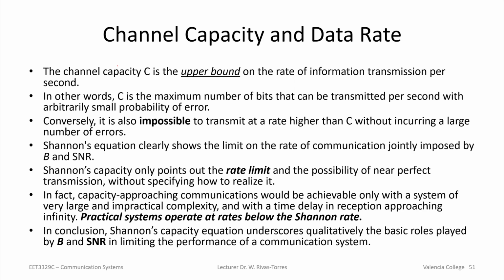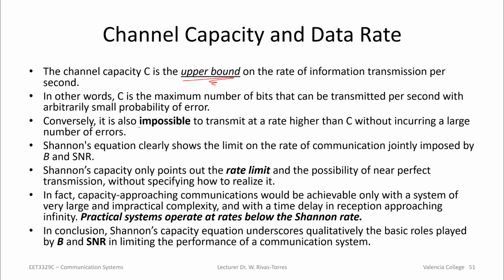Remember, it's the upper bound. This is the maximum that you can do, and it's the upper bound of the rate of information. On the flip side of that, what that means is it's impossible to transmit at a higher data rate than this.